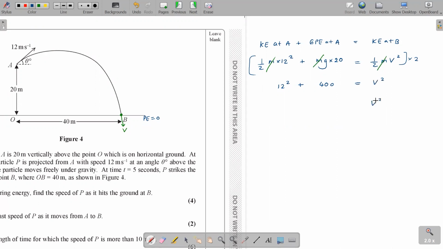How much is v squared? 144 plus 400 is 544, right? So v equals root 544. Again, wait, 12 squared plus 400.